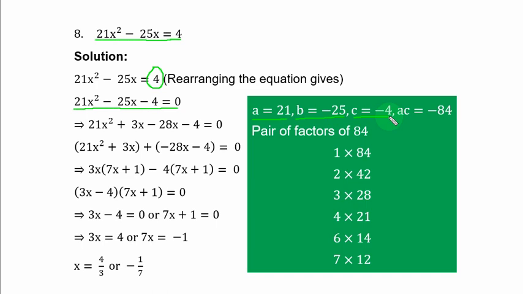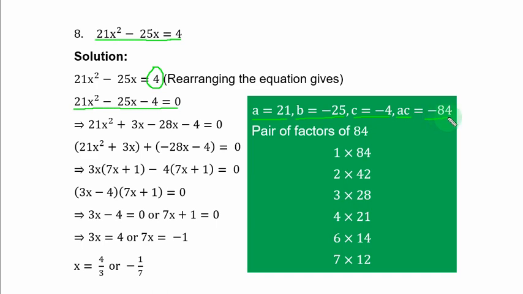We go by the second approach. Since the coefficient of a is not equal to 1, you look for ac. ac is the product of 21 and minus 4, and that is 84.